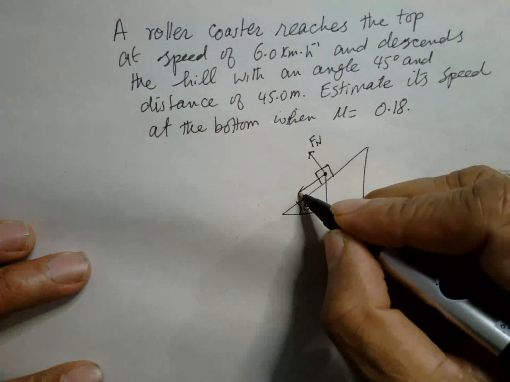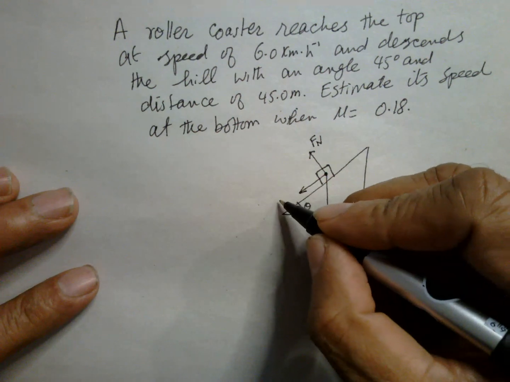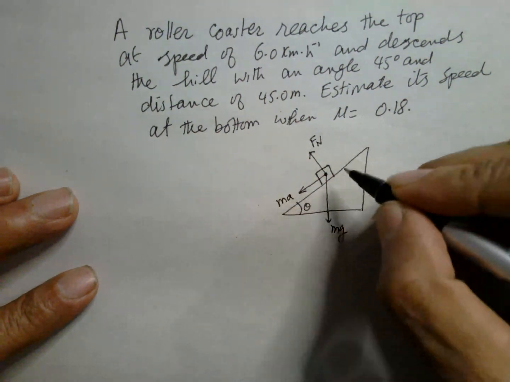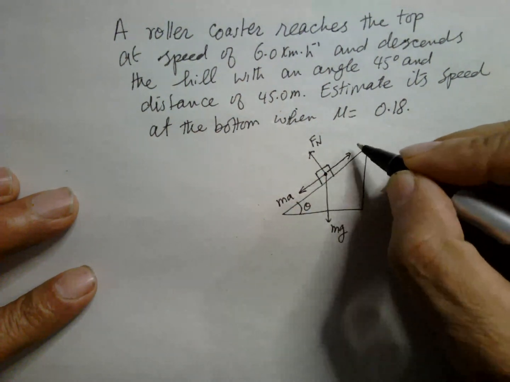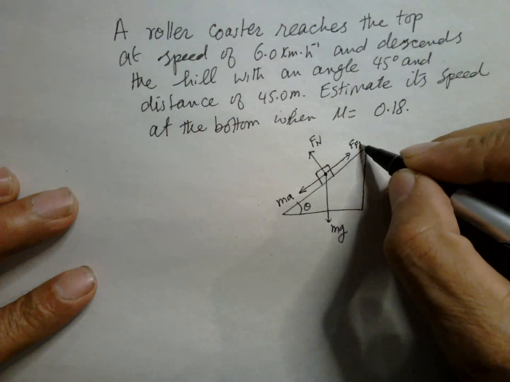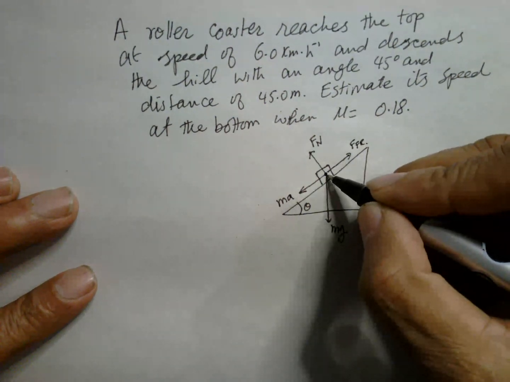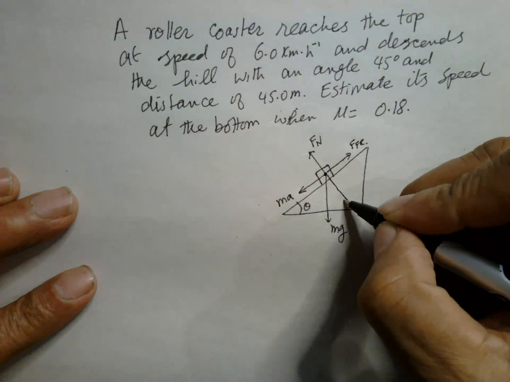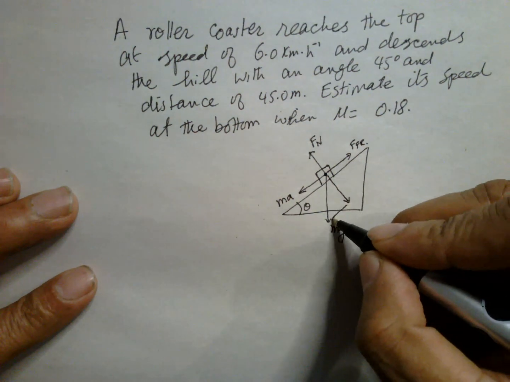And this is the force MA, which is going downward. And this is the friction force, which is FR. And on this side is the resolved vector, and this is the other component.